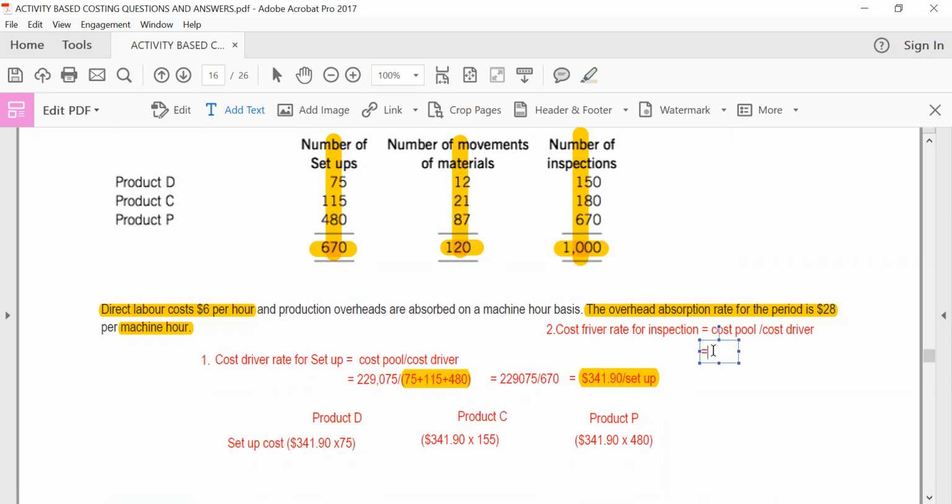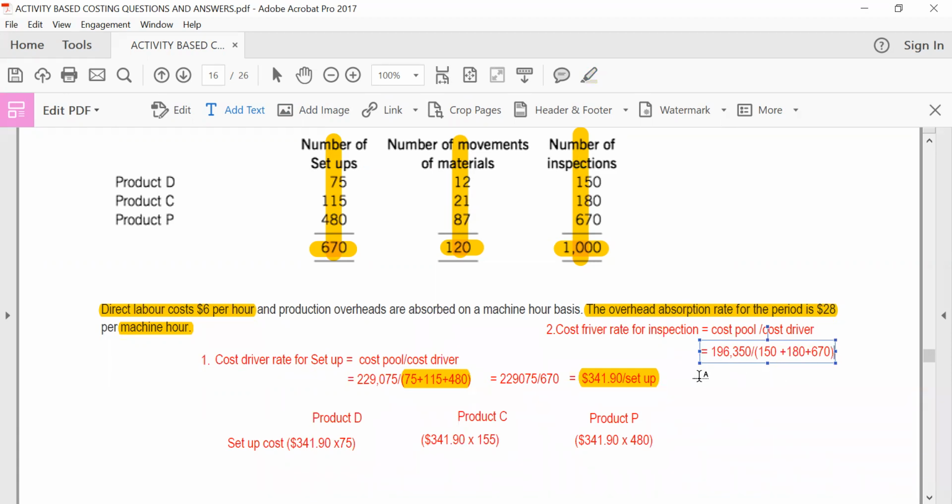So let me be quick. 196,350 divided by number of inspections. Number of inspections are given here. We have the first one to be 150, second one is 180, third one is 670. I'm not doing anything, I'm just using the information the examiner has given to me.